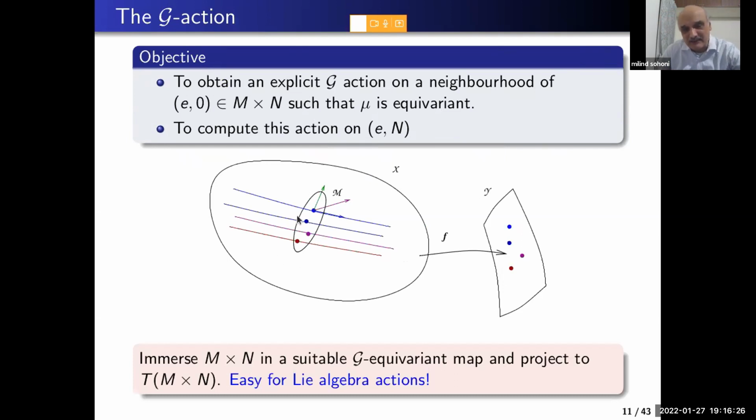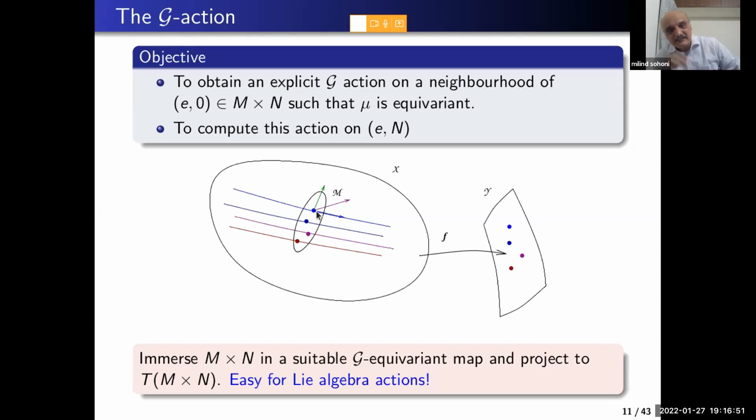And inserting this M cross N into this in a transversal manner transfers to the fiber, and that itself allows us to define a G action on this M cross N. And the G action is very simple. Take the G action on X and just split it along the fiber of this G equivariant map and in the tangent space of M cross N.